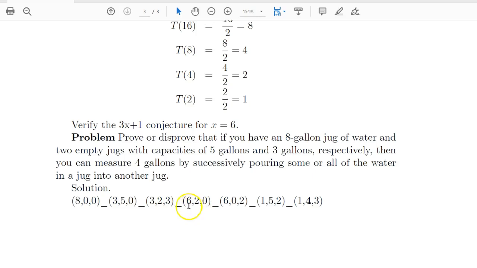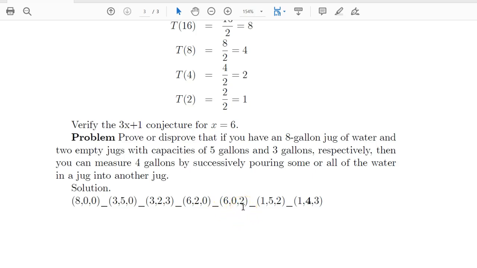Then empty the 5-gallon jug into the 3-gallon jug. Since we have only 2 gallons here, we'll have 2 gallons of water in the 3-gallon jug. So I arrive at this configuration.